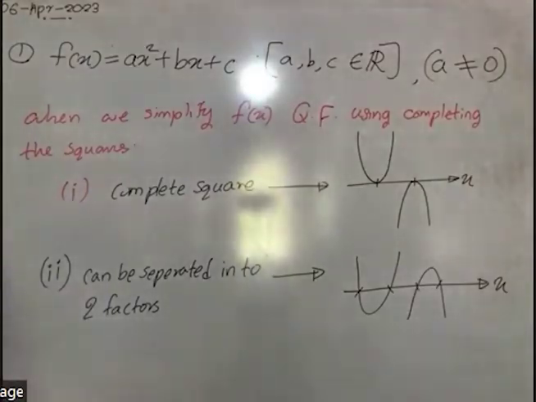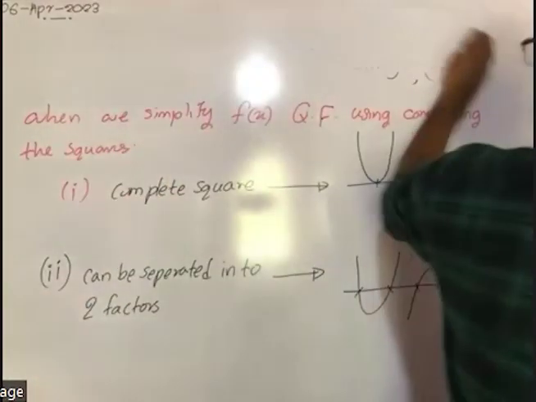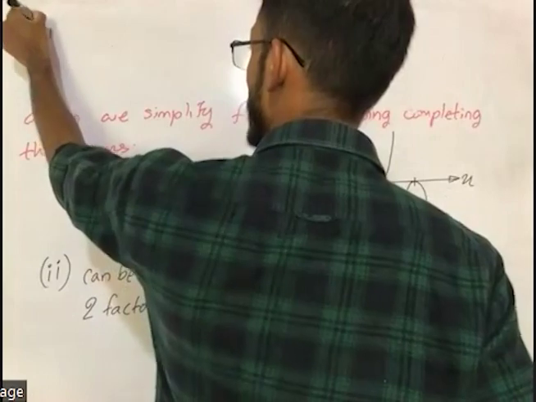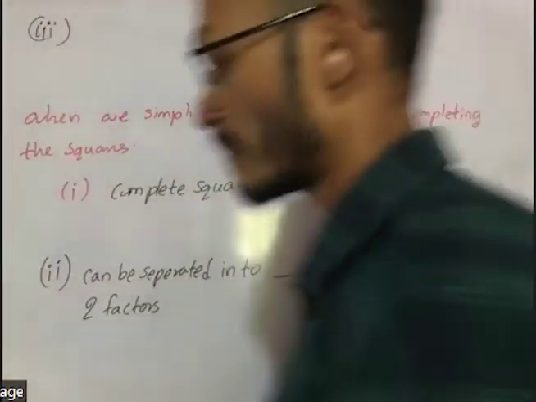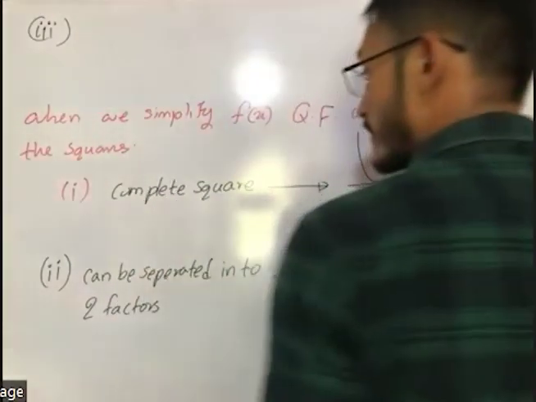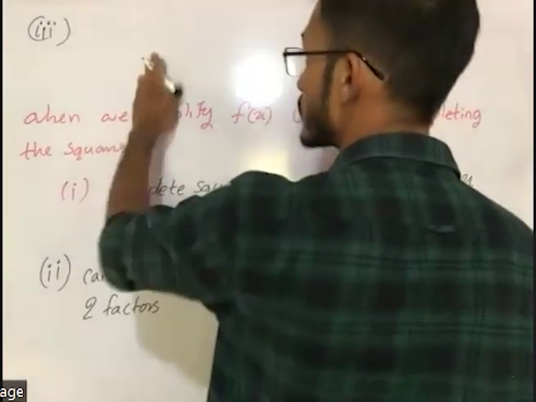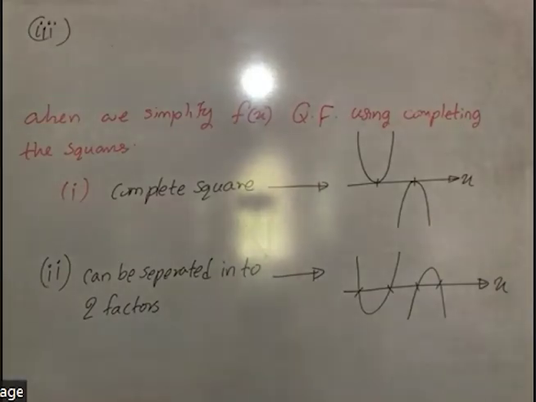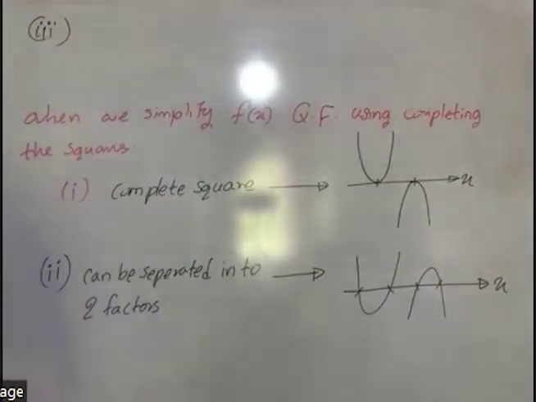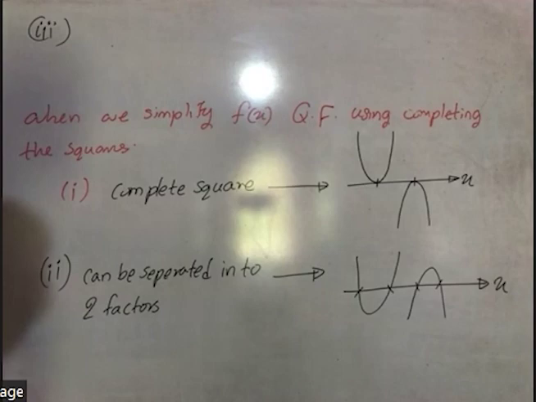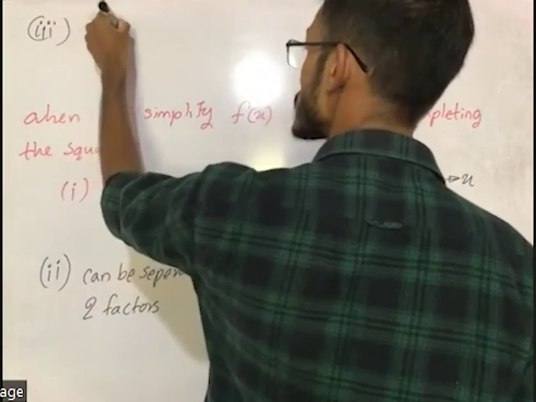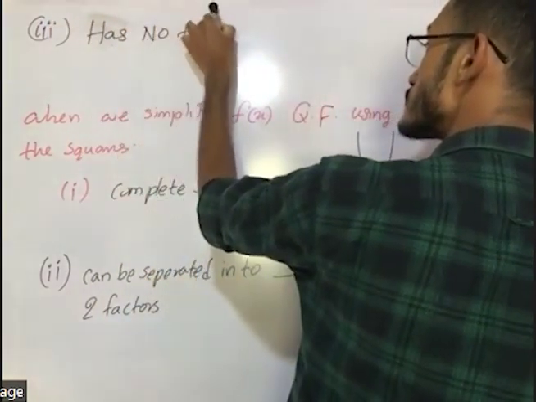Then thirdly, if you simplify this quadratic function using the completing square method and you get no factors, that means you will get a sum of two squares, right?